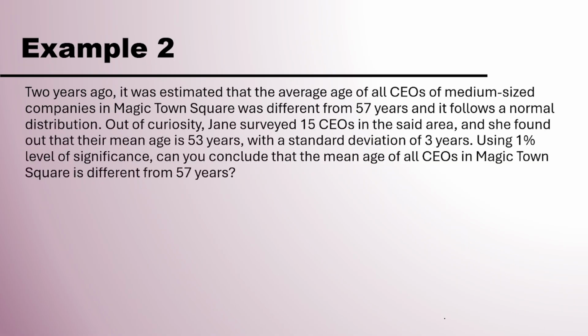So example number 2, 2 years ago, it was estimated that the average age of all CEOs of medium-sized companies in a certain town square was different from 57 years, and it follows a normal distribution. Out of curiosity, a certain person surveyed 15 CEOs in the said area, and she found out that the mean age is 53 with a standard deviation of 3 years.